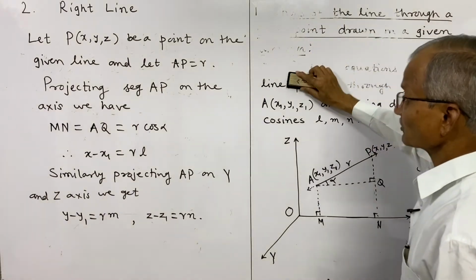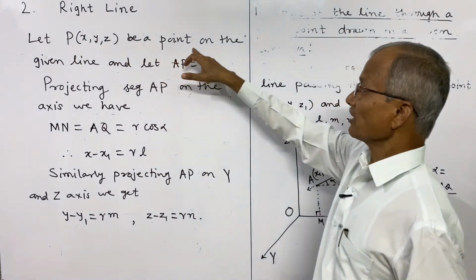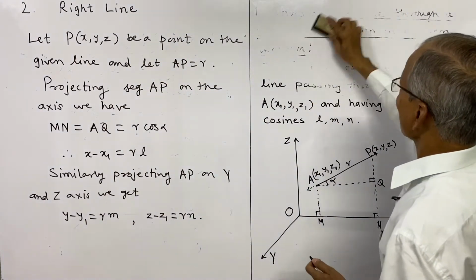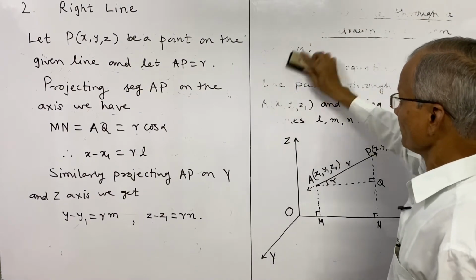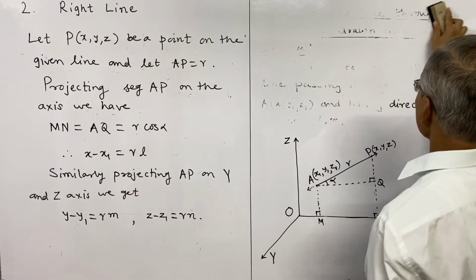As in terms of x, y, z, we have considered x, y, z as any point on the line, and therefore the coordinates of that point will be given in terms of x, which is x1 plus r into l.